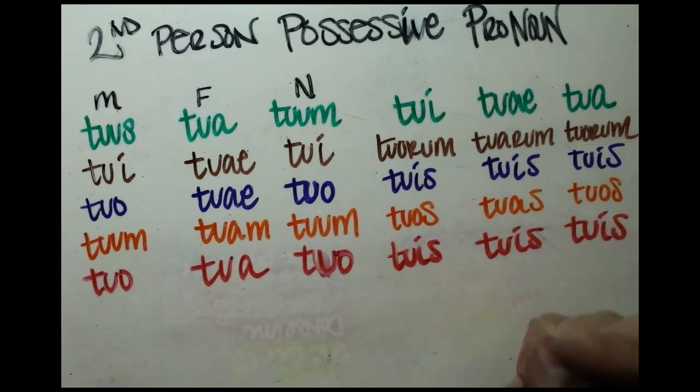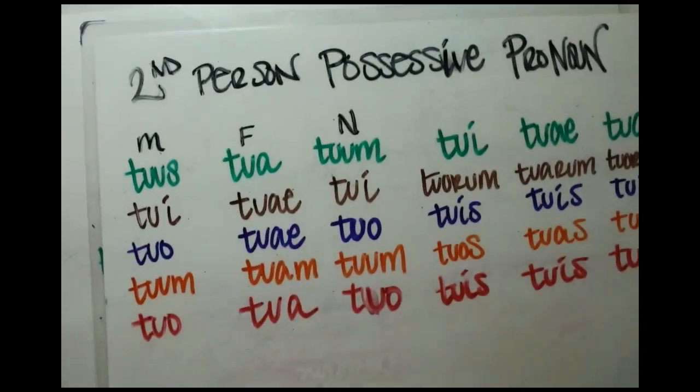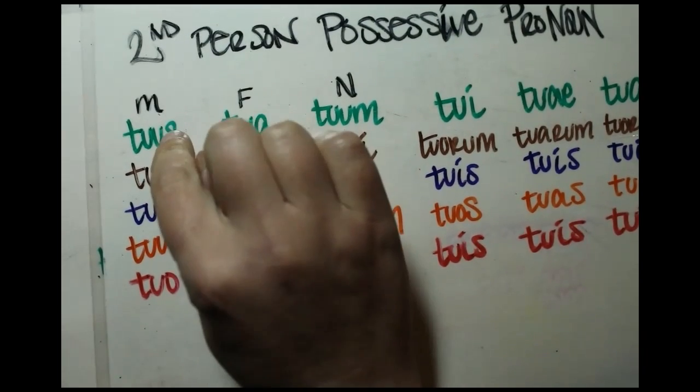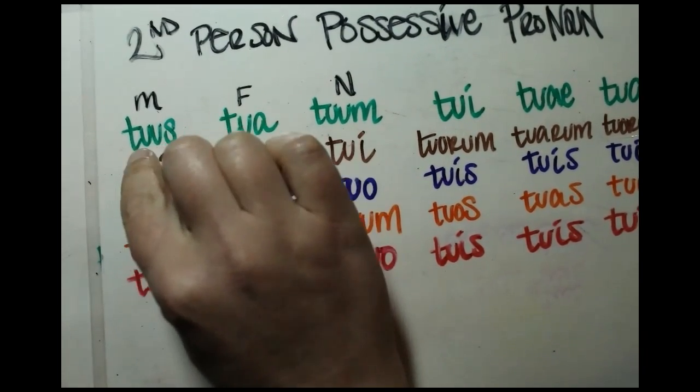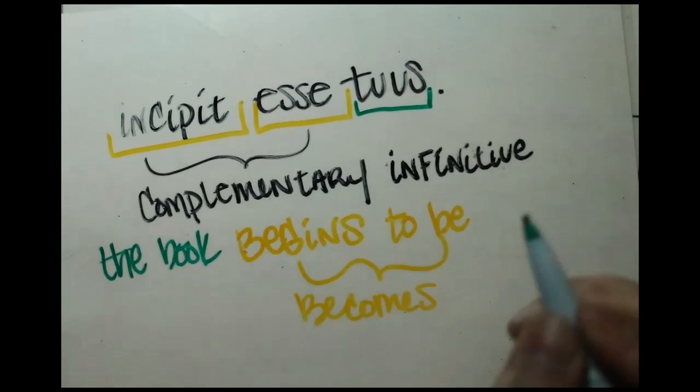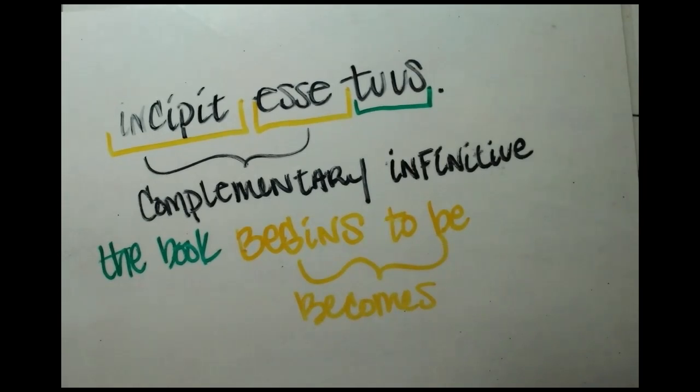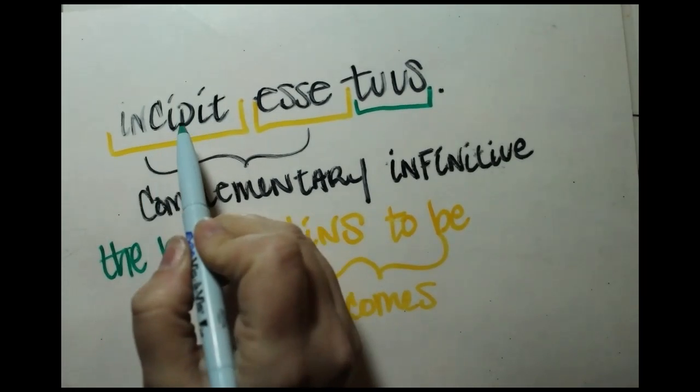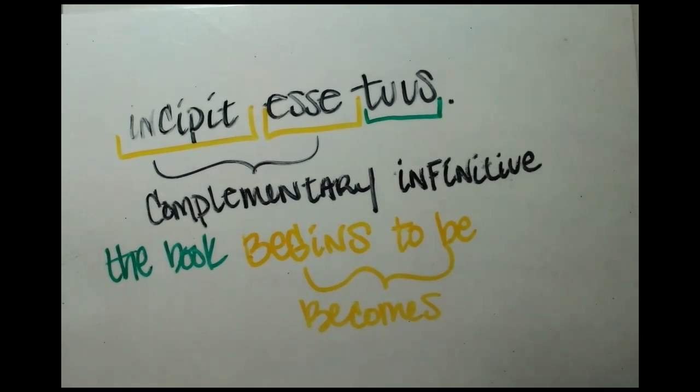So what's the form that we have in the sentence here? We have the masculine nominative singular form, tuus. So this is a little bit of a technical predicate nominative. It's more of an implied one, because the book is not explicitly stated, but we know that the book is the subject of incipit here.